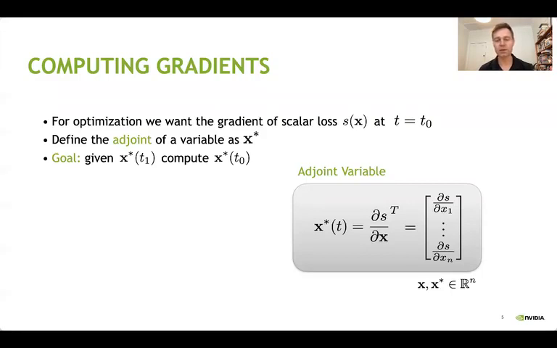So our goal is to compute x star at t0. Often we can assume that we're given x star at t1, that's the derivatives of our loss with respect to the end state, and we need to somehow propagate these gradients back to the initial conditions.